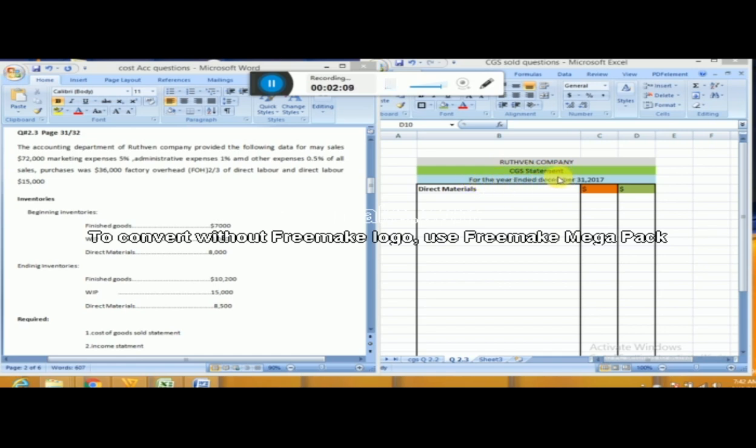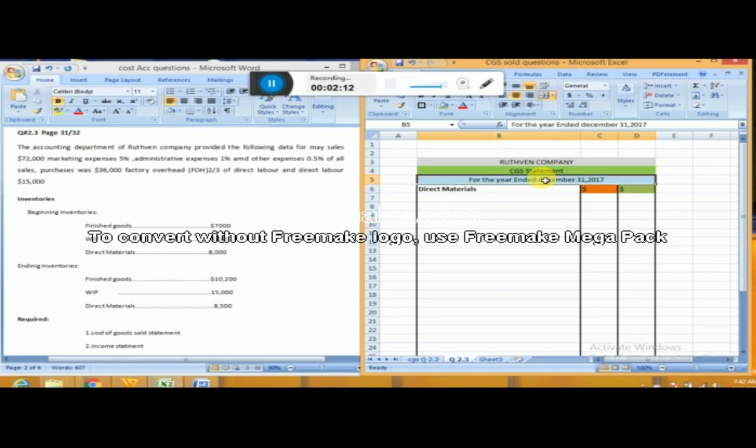This is not for the year, this is for the month of May, so we will change this to the month of May 31st, let's suppose 2017. Month is May.